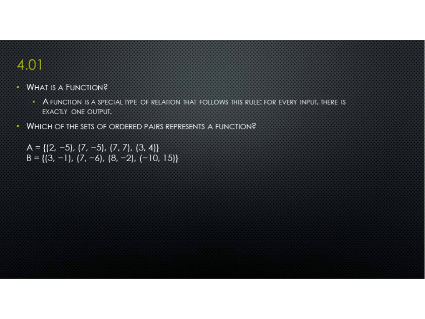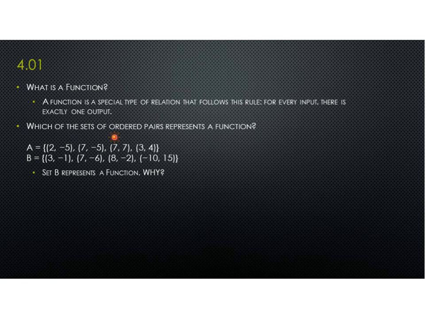Justice says B. Gavin and Micaiah say B. Lola agrees. It is B. Very good. So the reason is because if you look at set A, you'll notice that (7, -5) has an input of 7, but (7, 7) also has an input of 7.